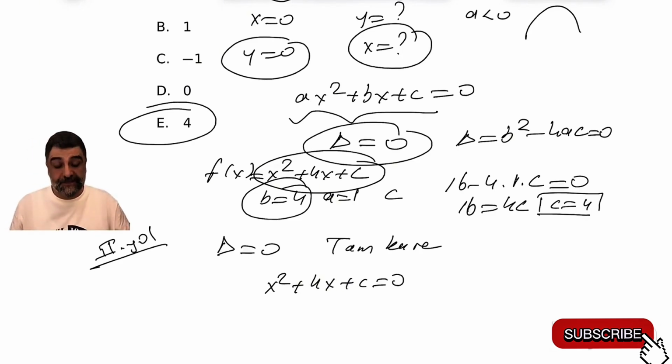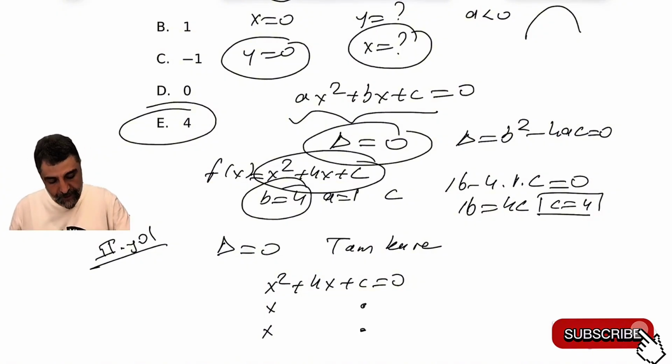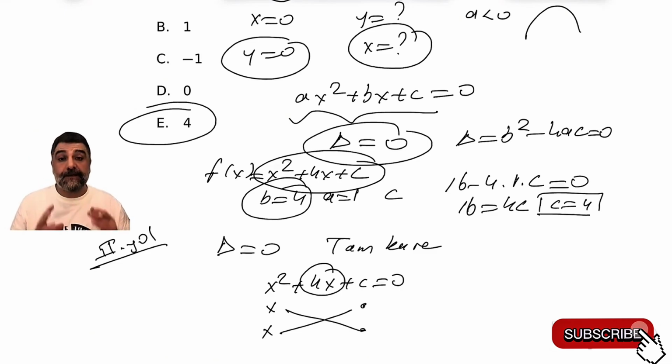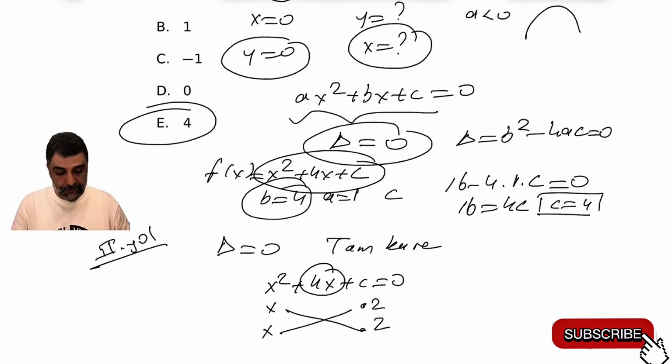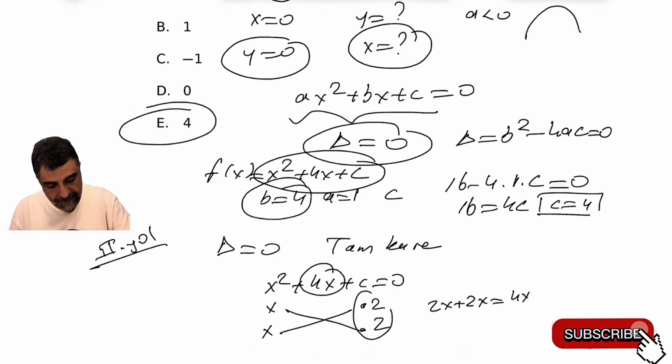When I want to factorize, the factors are x times x, and when we cross multiply the factors of c here, what should it give? It should give the middle term. Now, for it to be 4x, what should these be? They should be 2, because when we cross multiply, we can reach 4x from 2x plus 2x. In this case, what does multiplying 2 by 2 give? Friends, it gives c, which is 4.